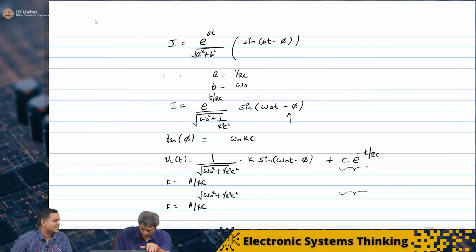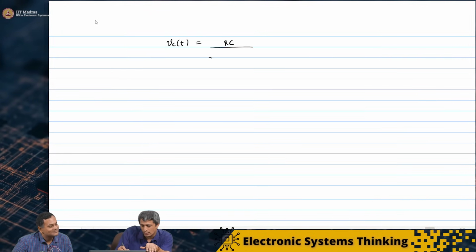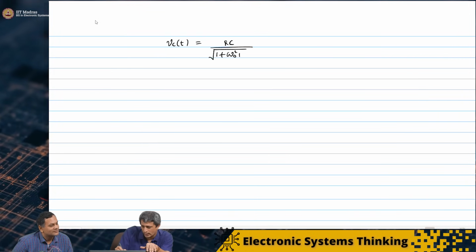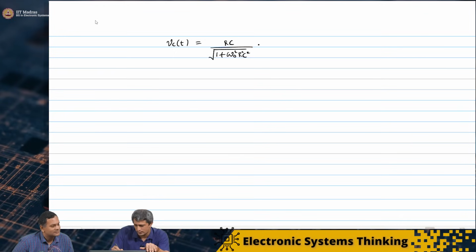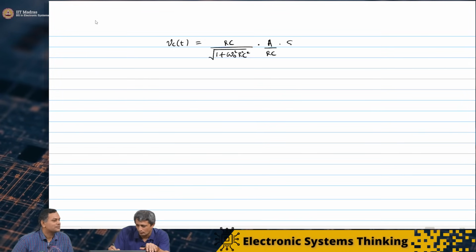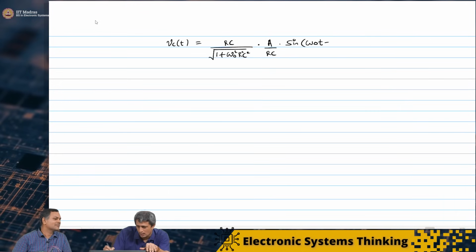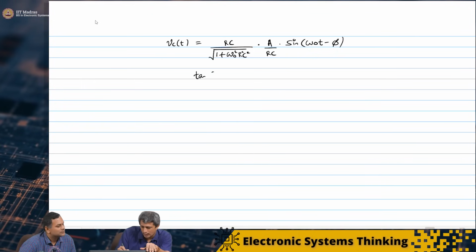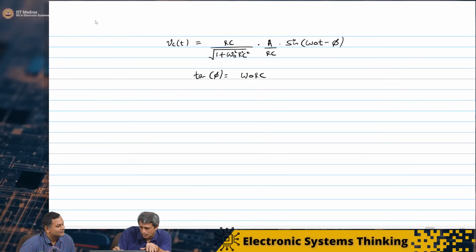So it will be RC by square root of 1 plus omega naught squared r squared c squared, into A by RC, sine of omega naught t minus phi, and tan phi is omega naught RC.